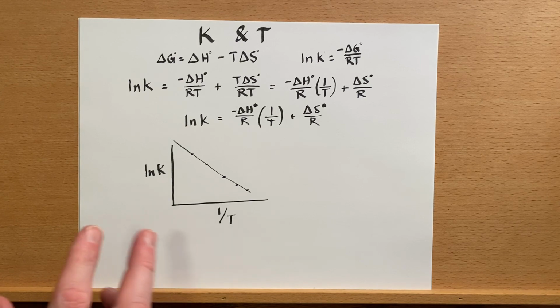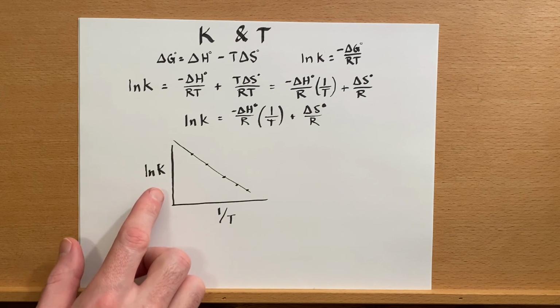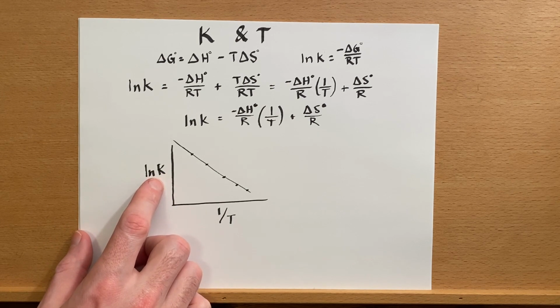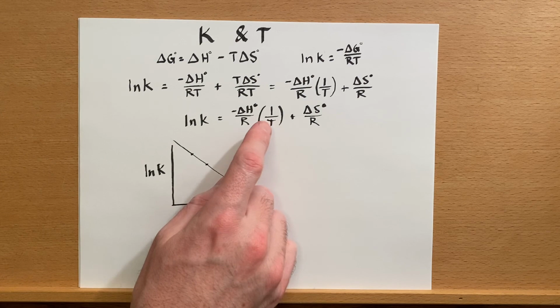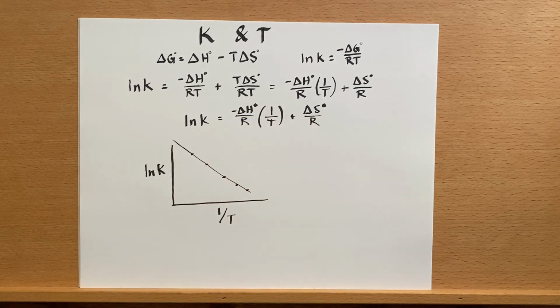But for a small change in temperature, this is very useful in order to determine a new equilibrium constant, or again, getting those important thermodynamic values of delta H and delta S out of the data.